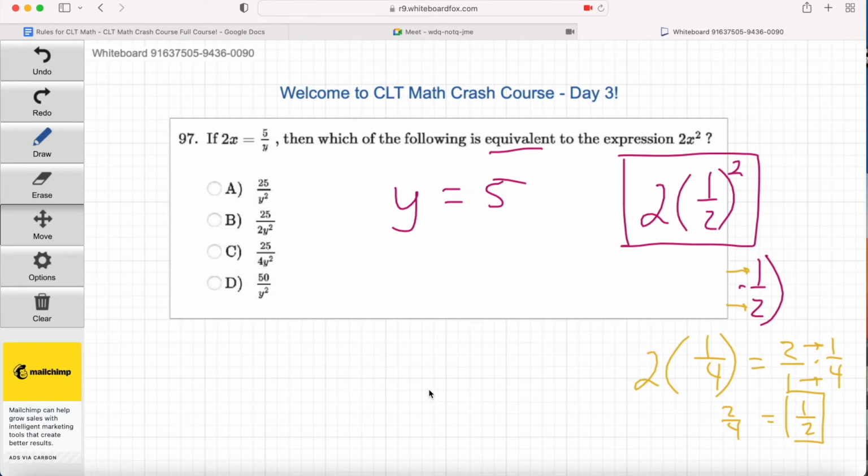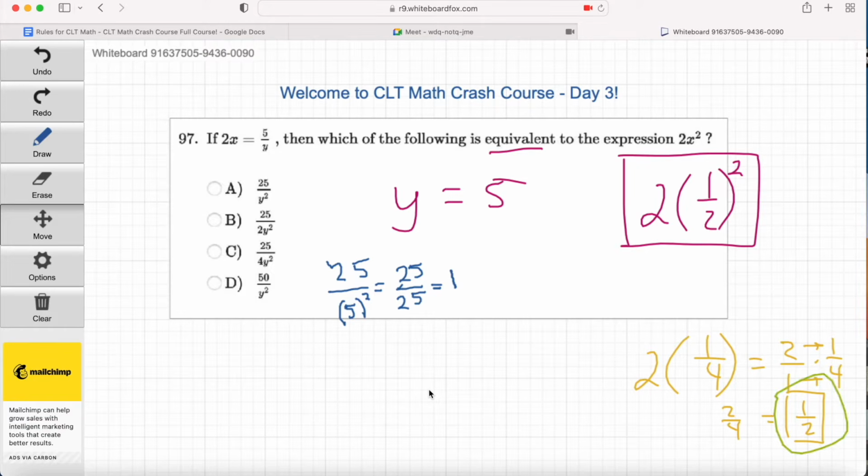We'll plug in that 5 for y into answer choice A. Looking good. Remember, we're looking for 1/2. So is that equivalent to 2x squared when x is 1/2? No, clearly not. So answer choice A is gone.